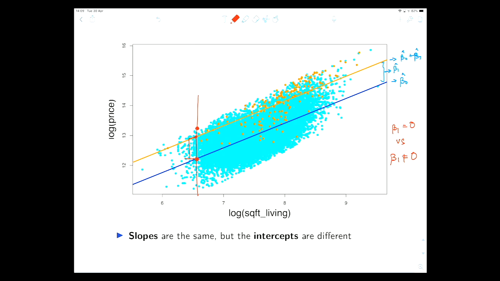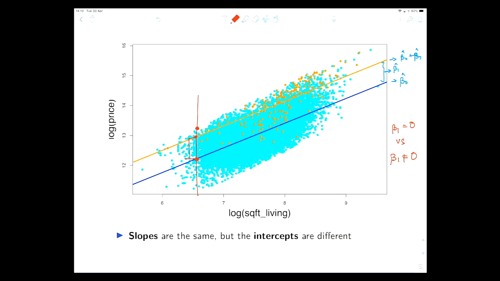What if we want the price to not just depend on the waterfront, but also the combination of waterfront with the living area? Meaning we want the slopes to also be different.